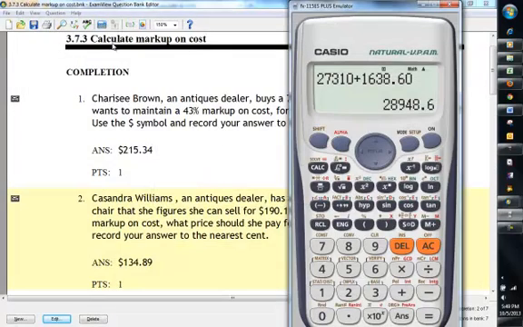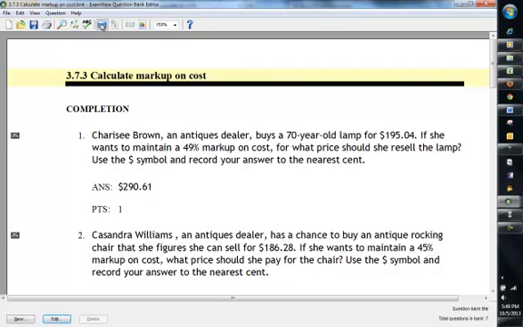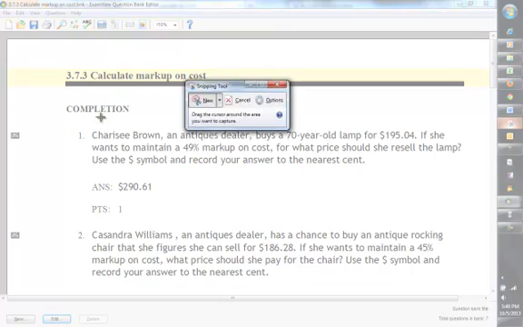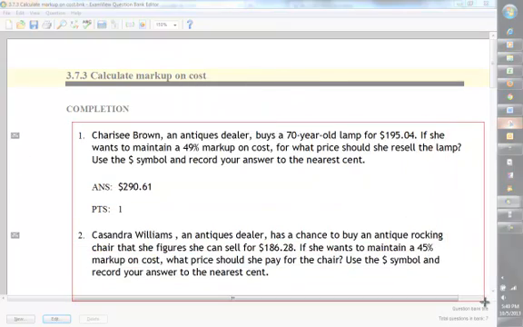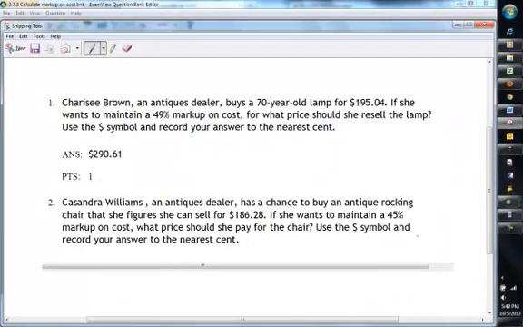Next, section 3, calculating markup based on cost. Now it says we've got a selling price and a markup. Okay, cost is what the markup is based on, 100%. $195.04 is her cost.